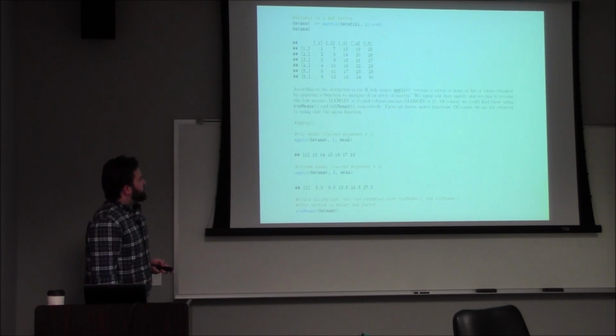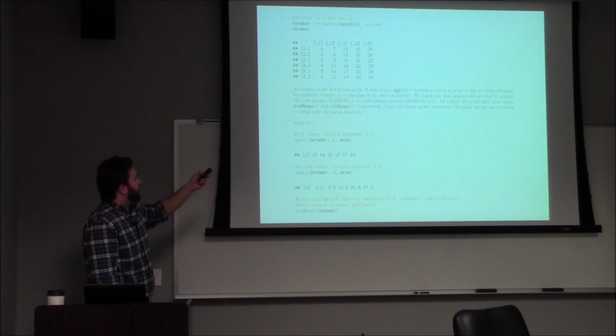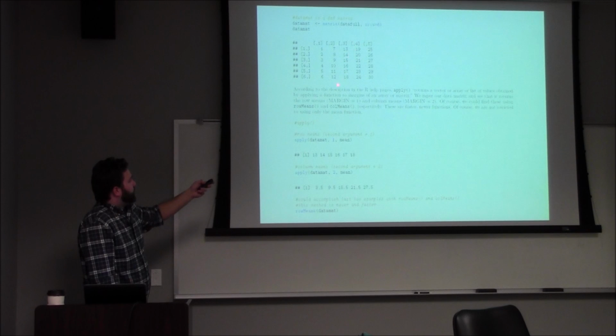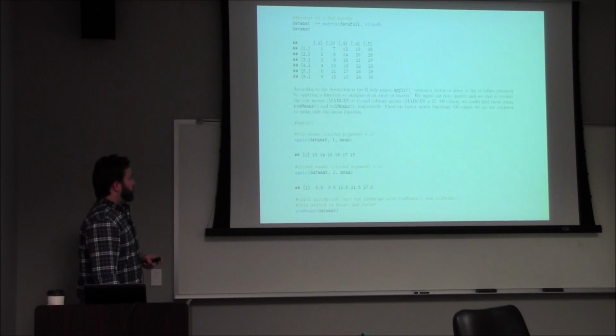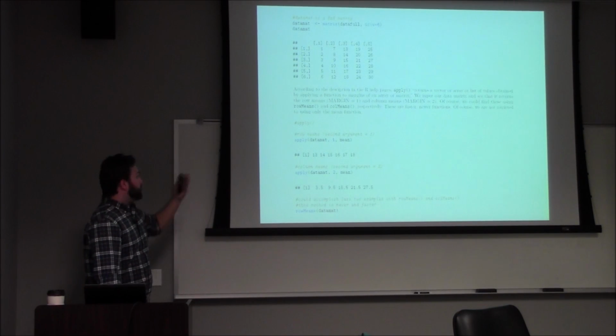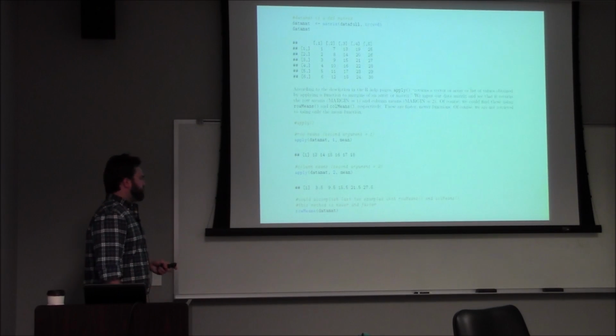I constructed this matrix in a very special way, so that it is hopefully readily apparent, more or less, that this third column is the row average. So I hope it's not a surprise that when I ask it to give me the mean of the rows in datamat, it found the values that are actually located down the third column. Of course, it didn't just read those, it computed it and it happened to equal that. I've set that up on purpose.